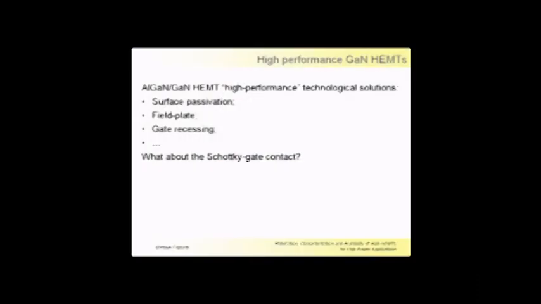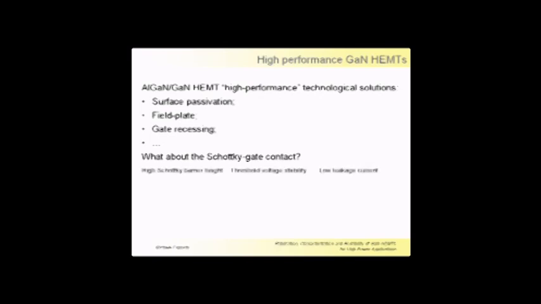Many solutions have been reported in literature, like surface passivation, which we have seen is effective for the DC to RF dispersion suppression, plus the field plate structure or the gate recessing technique. But not so many results are in literature about the Schottky contact improvement.